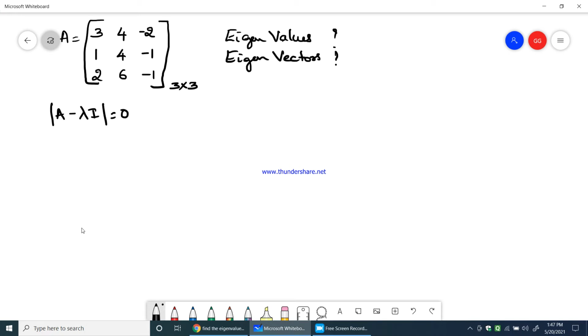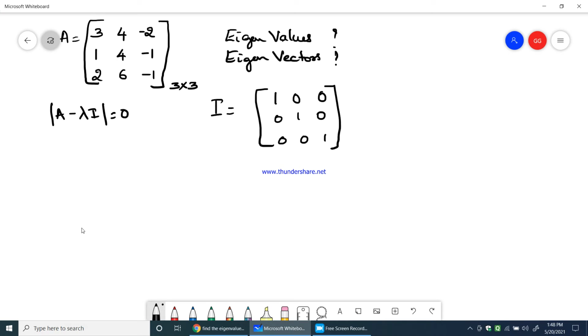Here the identity matrix I would be the 3 cross 3 identity matrix. So this would be the identity matrix that we get.